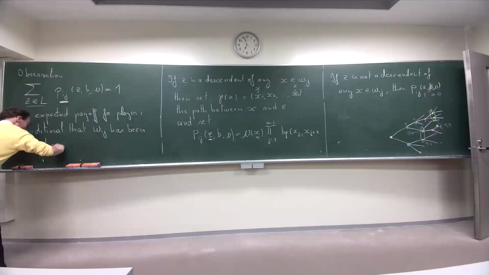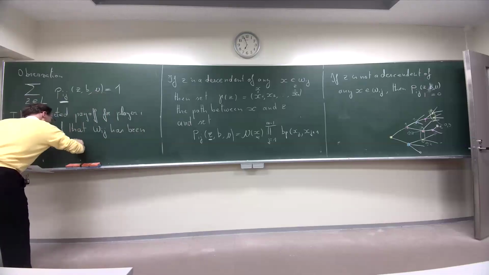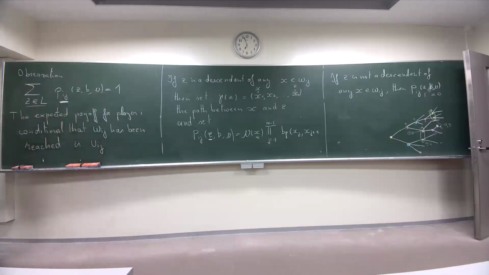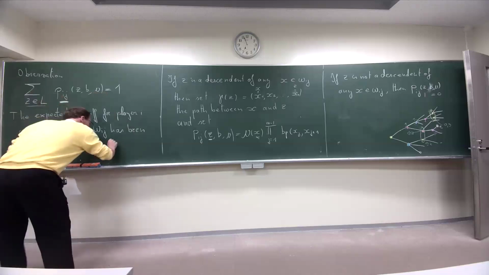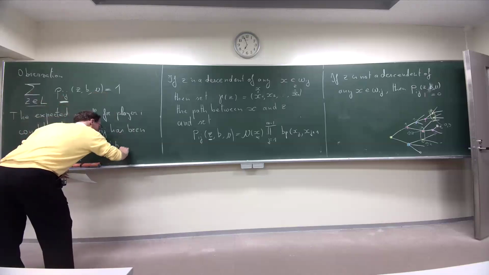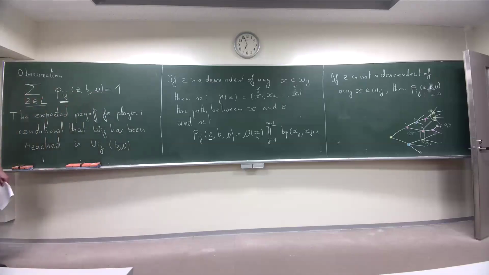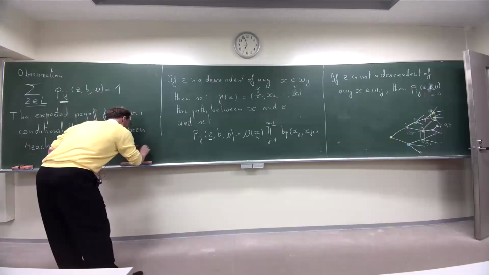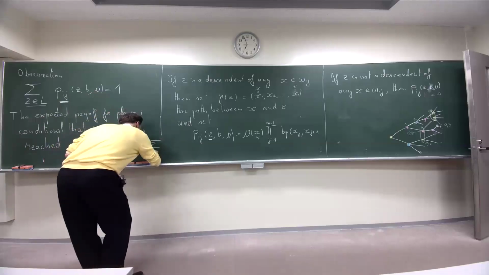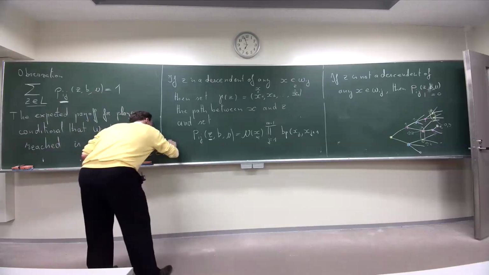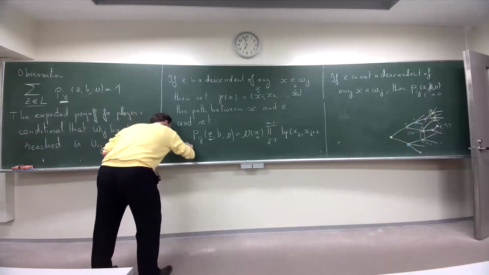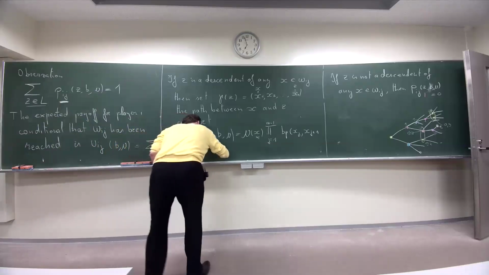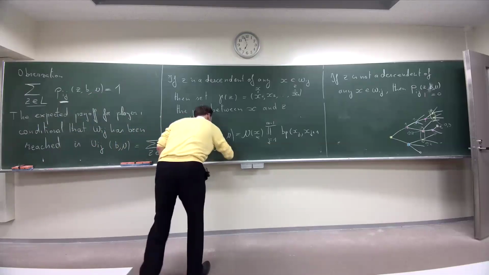So I again need to put an ij to remember my omega ij: uij of b, mu, because it depends on b, but also on the system of belief. You can guess it's now a sum over z belonging to L, Pij of z, b, mu times ui of z.